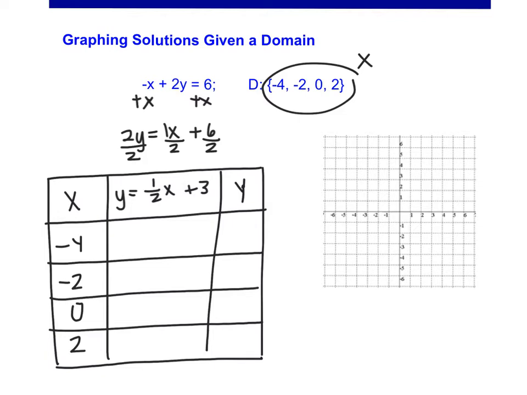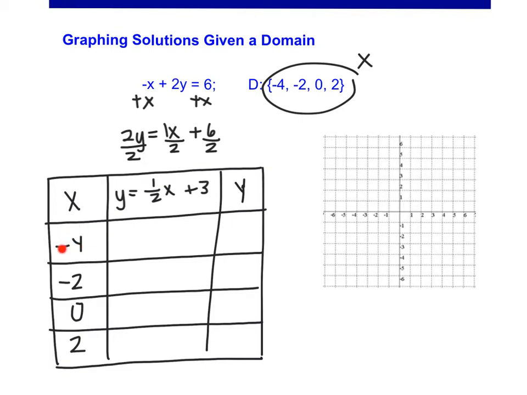Okay, so we're given the input values, our x's. We're going to put them into our equation, into our function for the x, and that's going to tell us the y value, which we'll put over here, and then we will have our ordered pairs to graph.